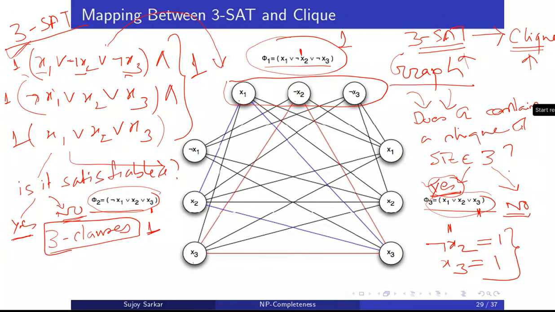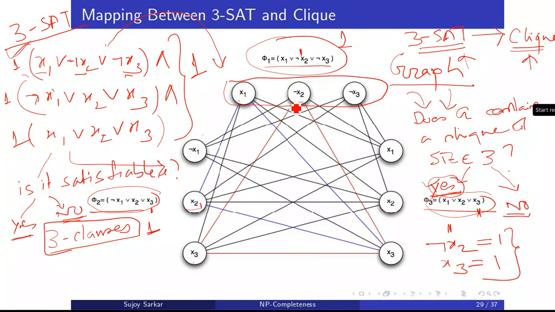When we say a clique of size equal to the number of clauses, we know that within a clause there are no edges, right? So if you have to pick 3 vertices, they must be from 3 different clauses, first thing. Next, another condition is that they should not be complementary. I cannot connect complementary literals. So if I pick not x2 here, I cannot put x2 here. It cannot be both 0 and 1, right?